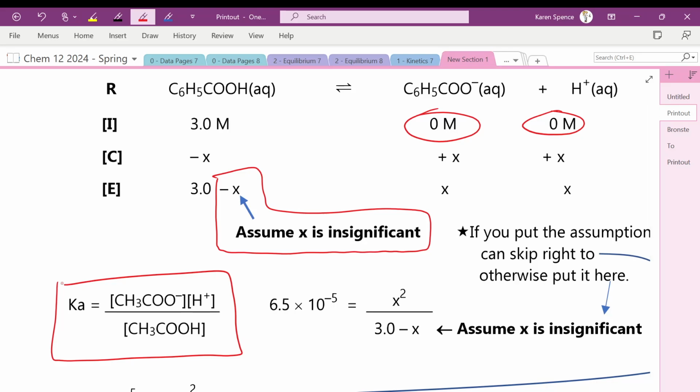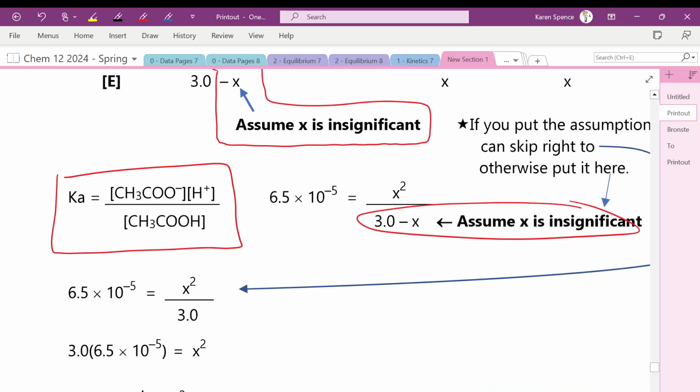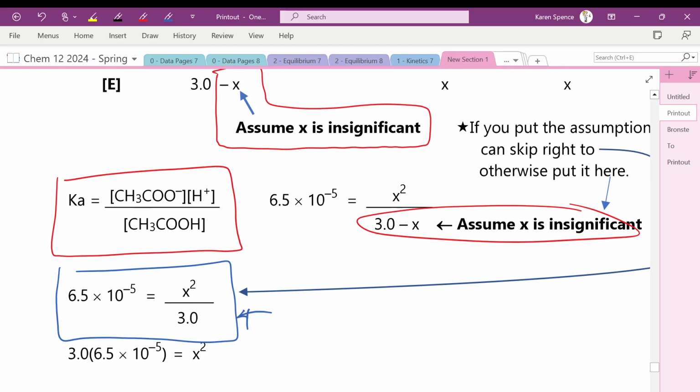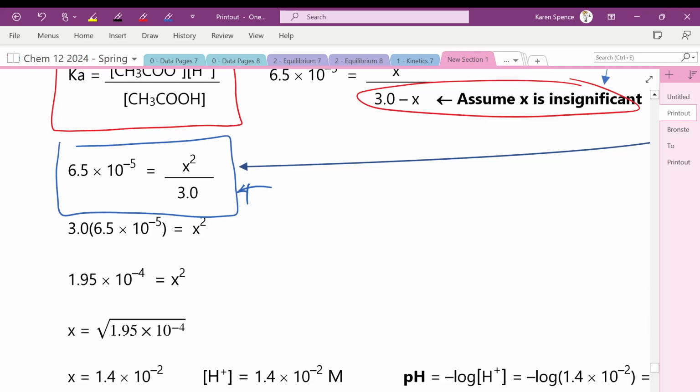So you can either write your assumption there or you can plug it in and have your assumption down here. Either way is fine, but if you do it up here, you can skip straight to this one. Yes? So if you make that assumption, you don't have to put the x in there. Solve for x squared. Solve for x.